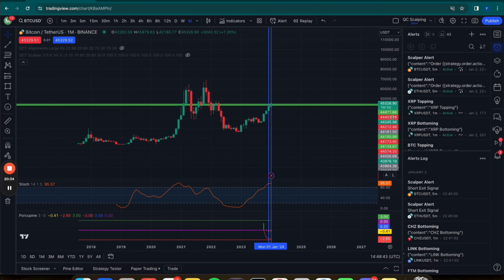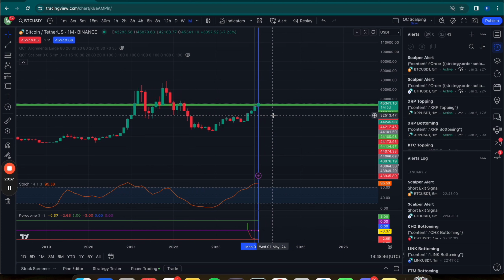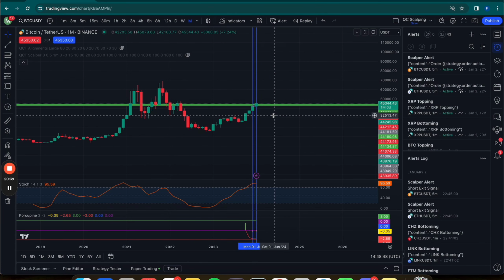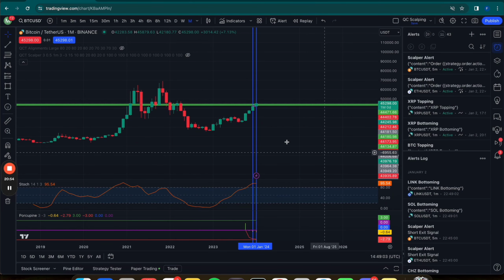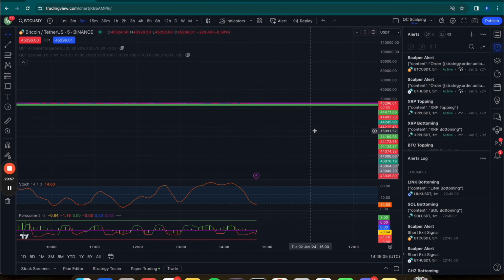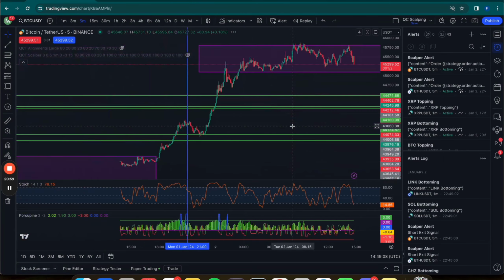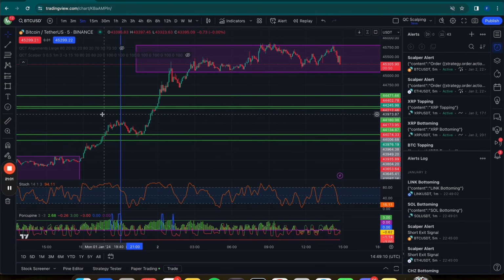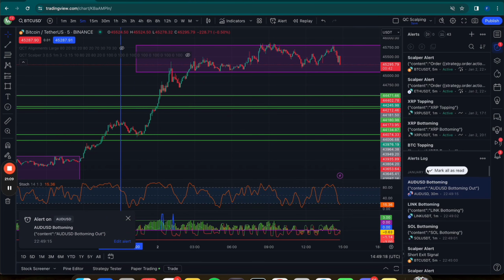What's also very nice to look at is that the higher time frames are actually very easy to trade compared to the lower time frames because they follow the stochastic very well. The reason why lower time frames don't follow the stochastic, or like they do follow, but sometimes they don't, or there's false signals, or it's topped out for too long, is because there's many other factors in play that are chopping around with the price.